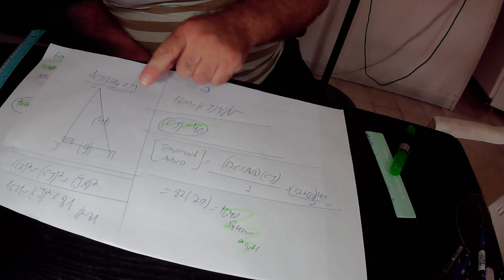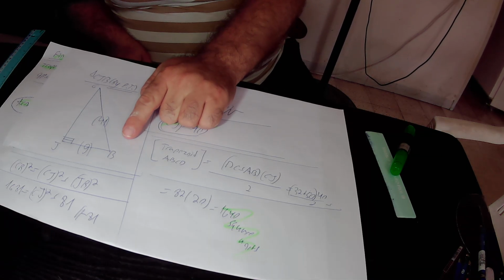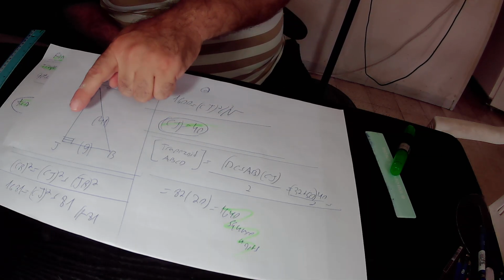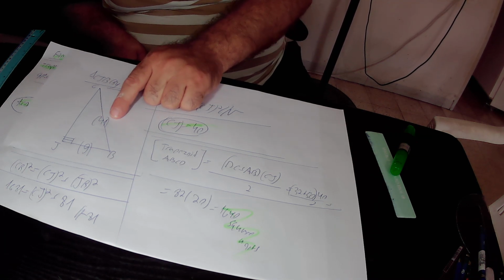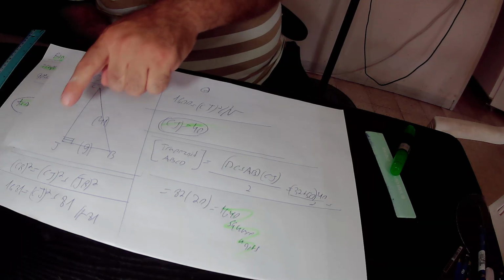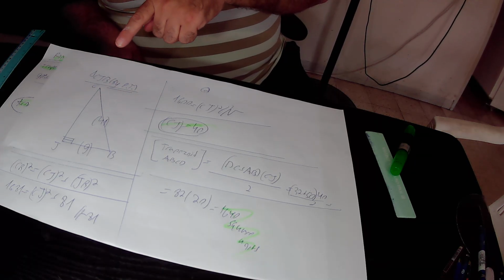So in this right triangle CJB, CB squared, that is the square of the hypotenuse, equals CJ squared plus JB squared. CB is 41, therefore CB squared is 41 squared, that is 1681.